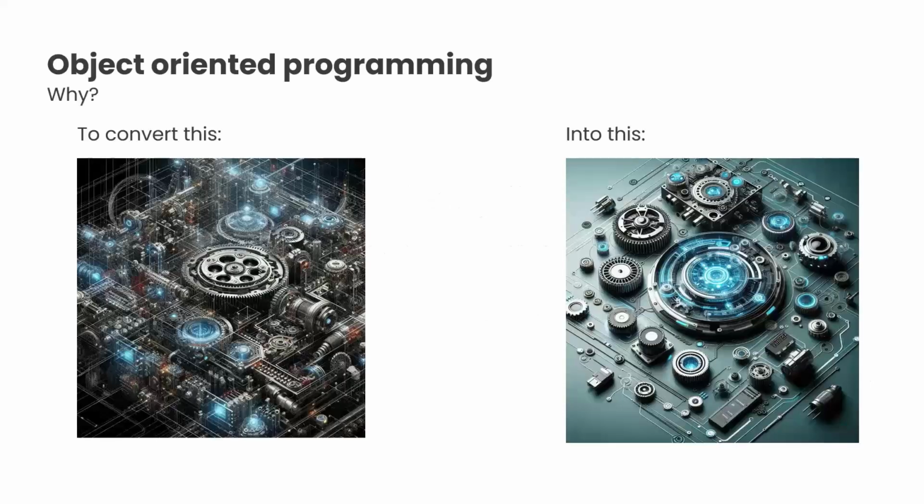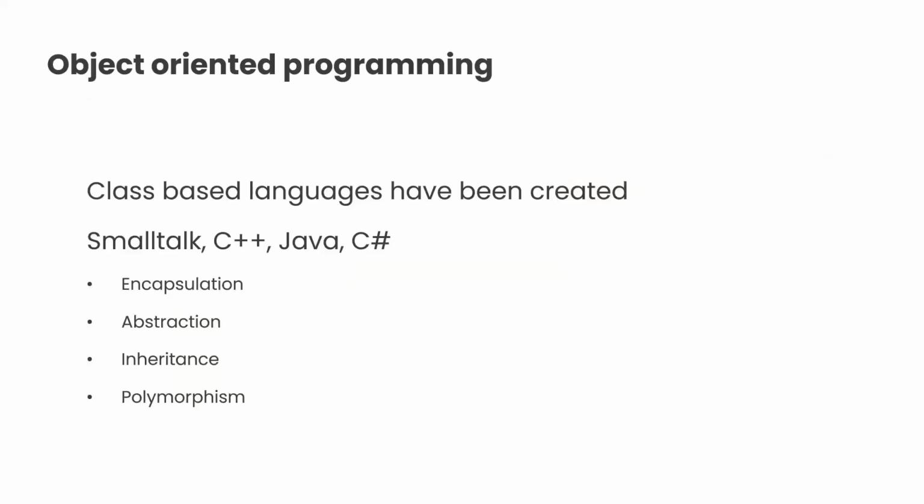And he said that because, like in every approach to development, he wants to convert complex code, complex applications, into something easier to understand, to separate functionality into smaller blocks that will be easier for us to maintain. So that was his idea. And then, based on his idea, some class-based languages have been created.